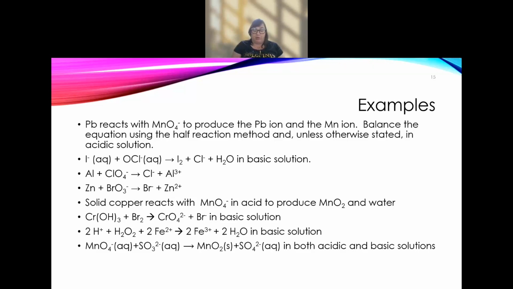I then look at my SO3 2- + H2O goes to SO4 2- + 2H+, and I need to add 2 electrons to cancel the H+ because the SO3 2- and the SO4 2- take care of each other. So that gives me SO3 2- + H2O goes to SO4 2- + 2H+ + 2e-. I have a 3 electron process for the MnO4-, so I multiply that by 2.